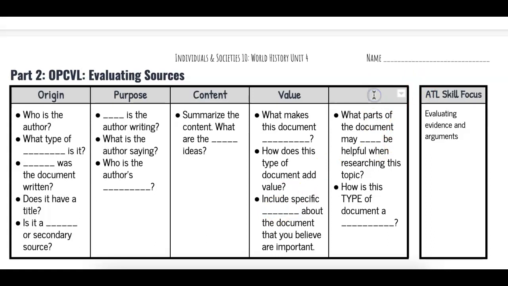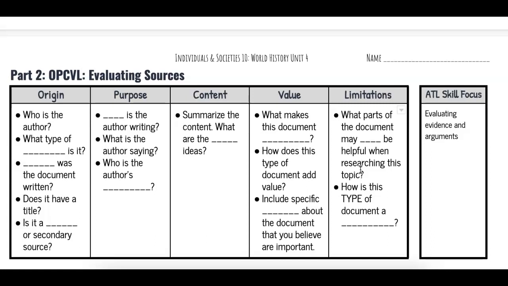Our last letter here is L, and L stands for limitations. Limitation means some kind of restriction, or it means that we have to be smart about reading between the lines. What might be missing from the document or the source that would actually add value to it? What parts of the document may not be helpful when researching this topic? Is there any kind of fluff information that we don't really need?